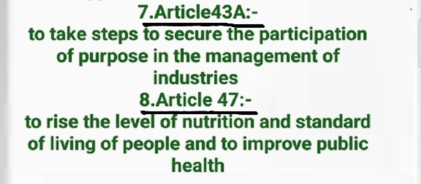And next, Article 47, which also comes under the socialistic principles, is to raise the level of nutrition and standard of living of the people, and to improve public health also.